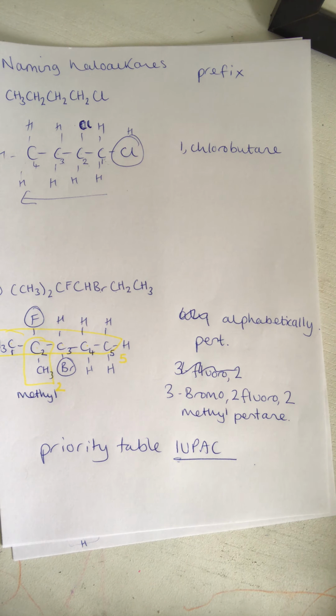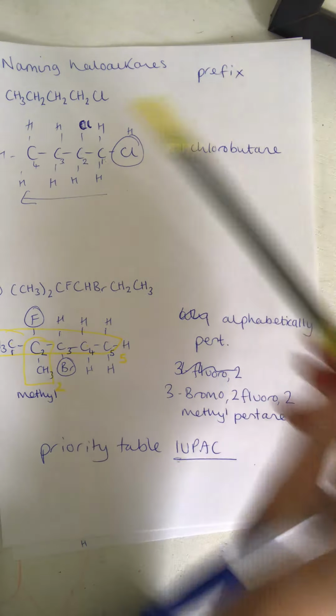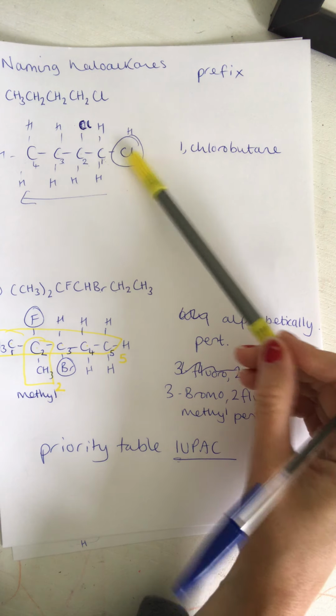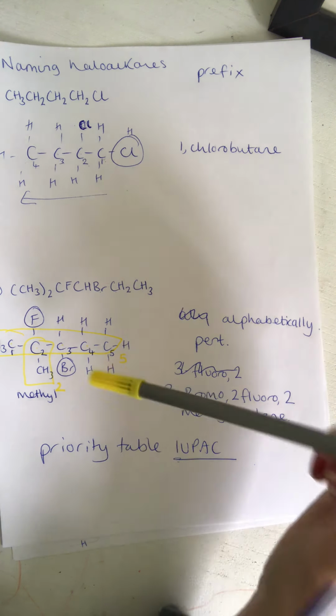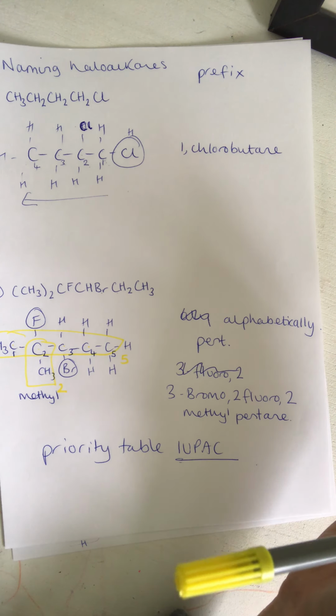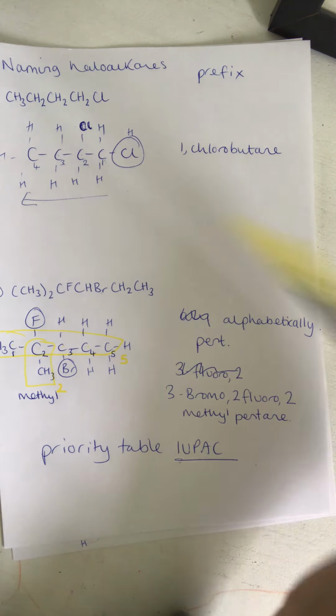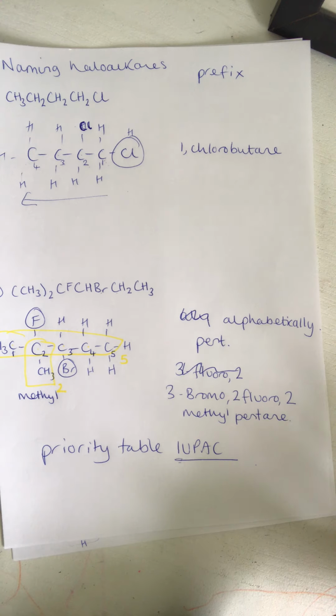It tells you what your priority group is. So for compounds like this, where you've only got one functional group, it's easy. But when you get some more complex structures where you've got multiple functional groups, you need to know, well, I've got a carboxylic acid down here and an alcohol down here. What's the priority? What's my numbering going to be? And you need to know that priority table in order to assign the correct name.